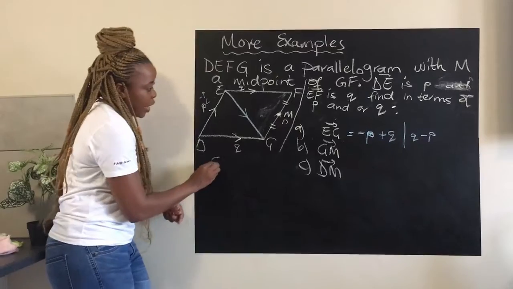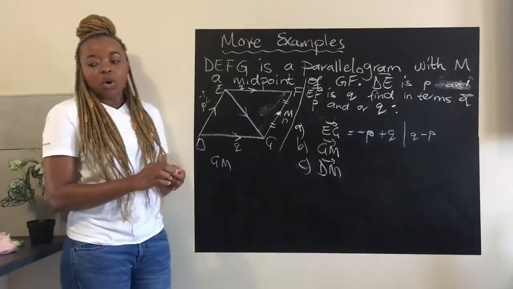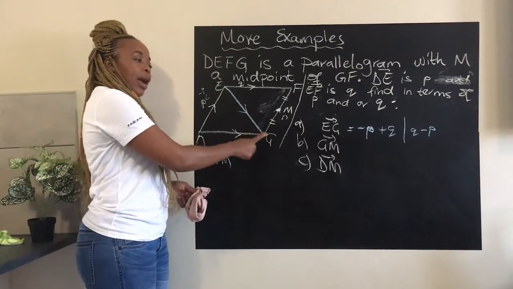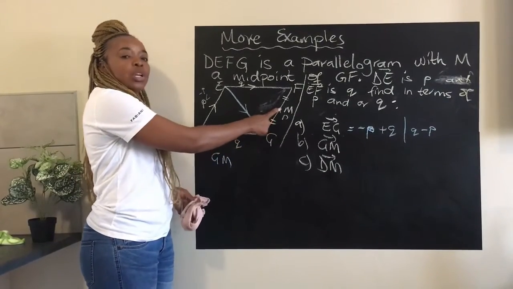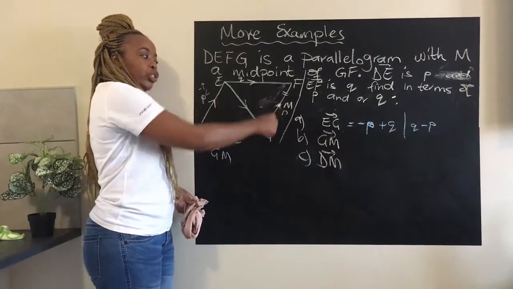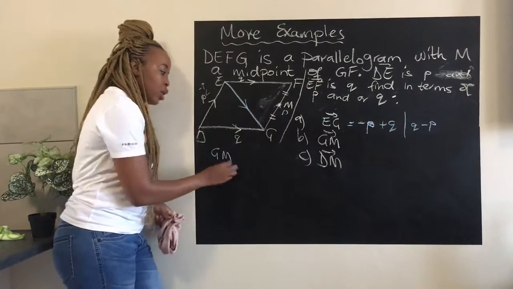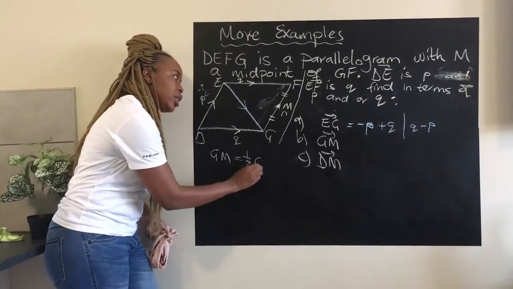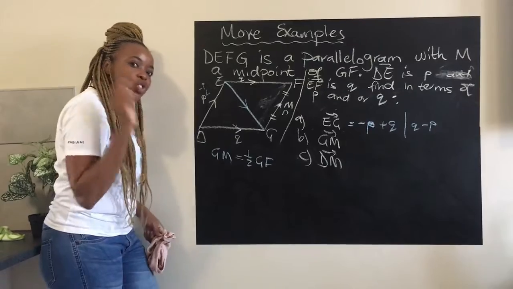So now we try to find vector GM. GM is just coming from G going to M. So GM is half of GF. And what is GF?